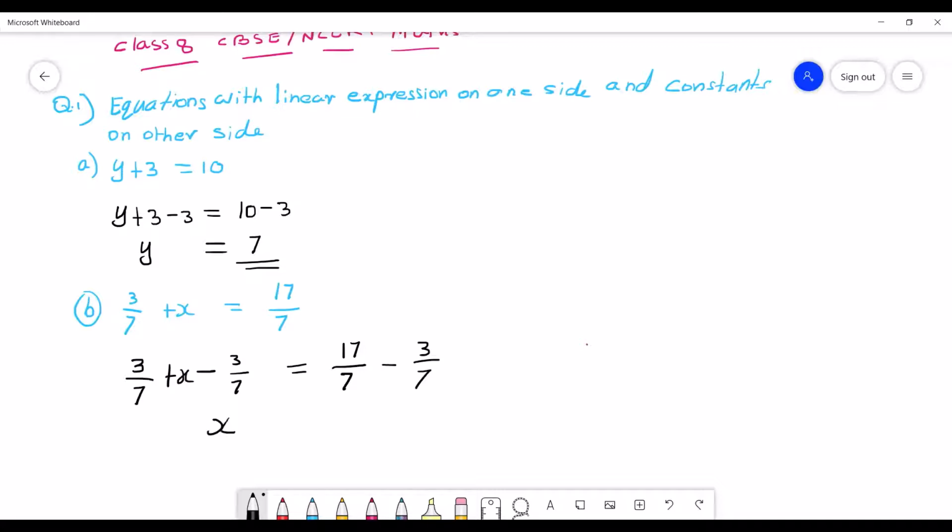So we will get x equal to, see, 7 is the denominator of the first term, and 7 is the denominator of the second term. If you take the LCM, you will get 7. So you can take the denominator as the LCM 7 and the numerator will be 17 minus 3. So this will be equal to 14 upon 7. 14 upon 7 is 2. So the answer for this one is 2.